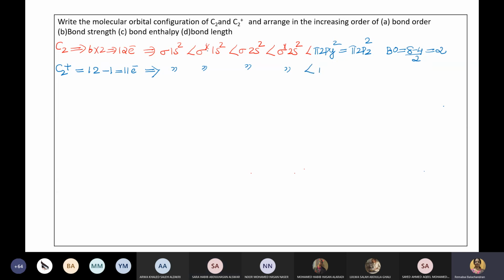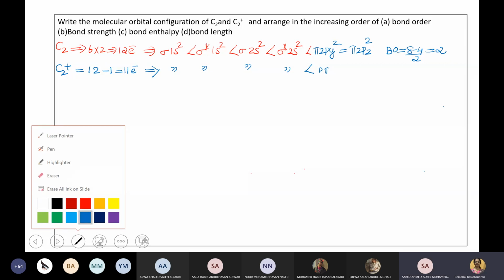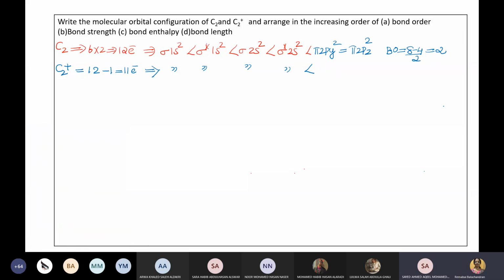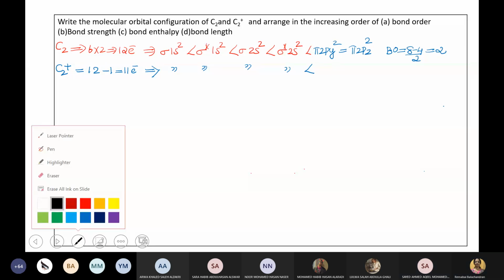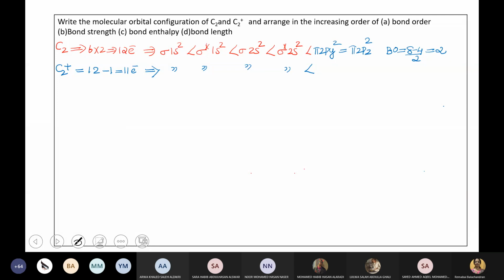So here, what do you get last? Now you have 2, 4, 6, 8. Now we have 3 electrons. So what can you write? Pi 2py2, that's equal to pi 2pz1. Okay, correct?